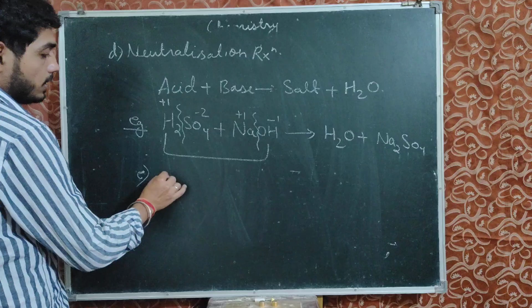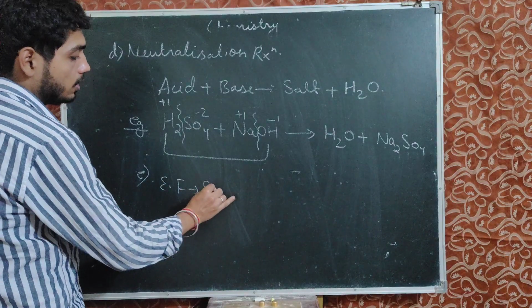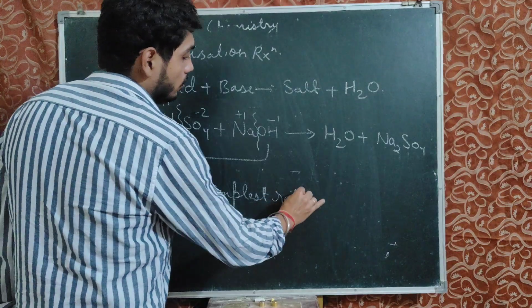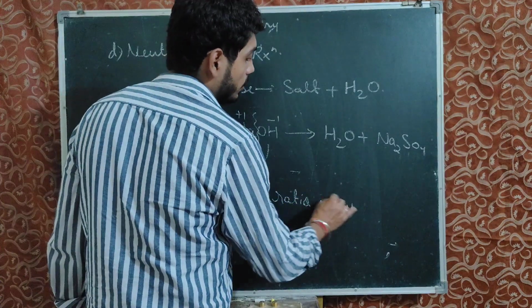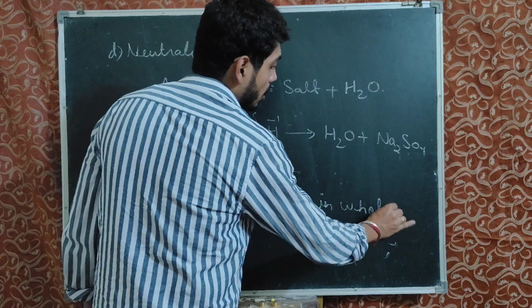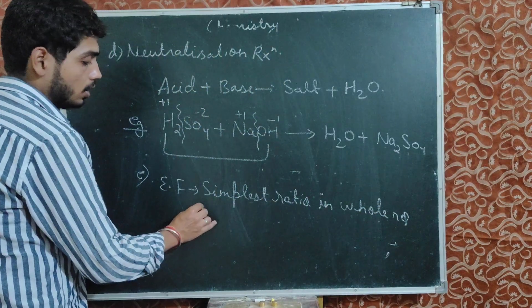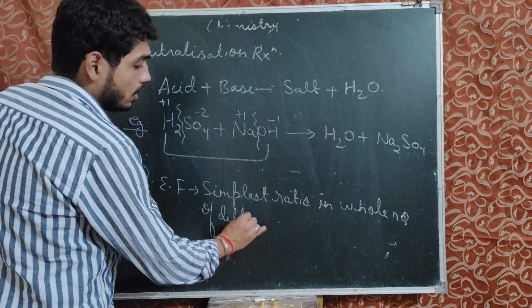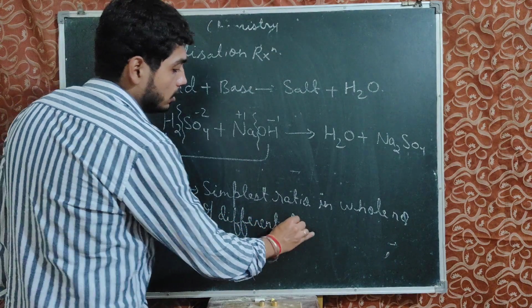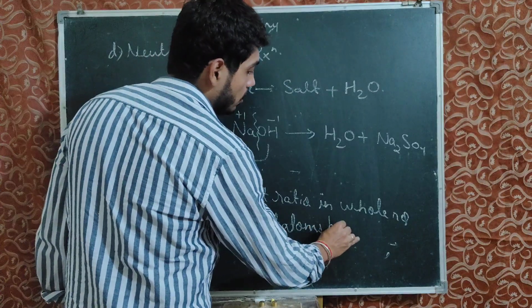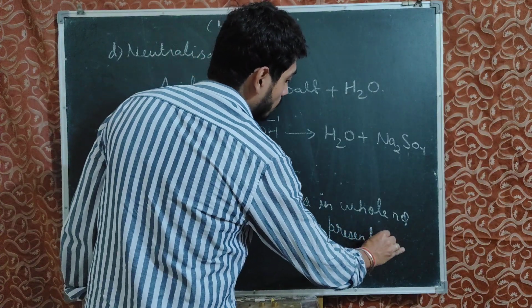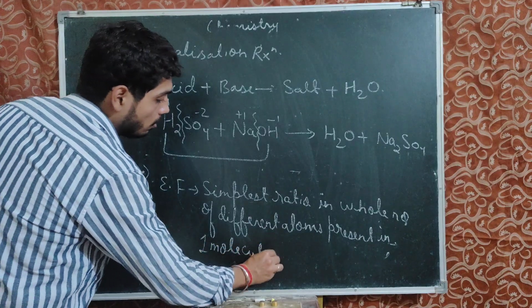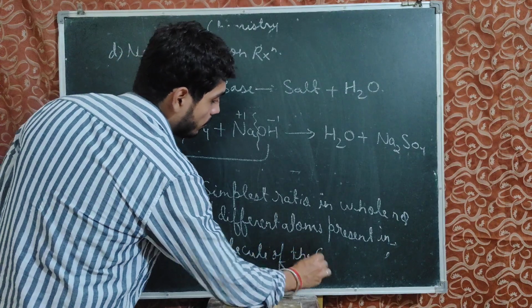Empirical formula: the simplest ratio in whole numbers of different atoms present in one molecule of the compound.